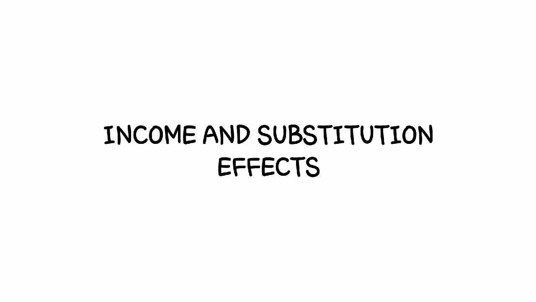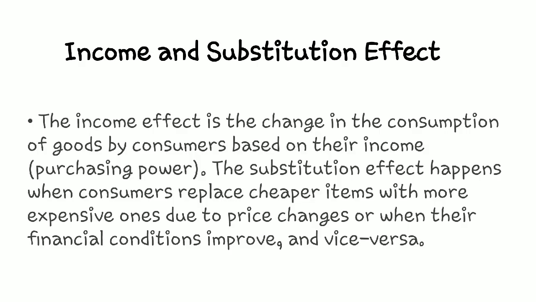So let's go to income and substitution effects. The income effect is the change in the consumption of goods by consumers based on their income or purchasing power. The substitution effect happens when consumers replace more expensive items with cheaper ones due to price changes, or when their financial conditions improve, and vice versa.